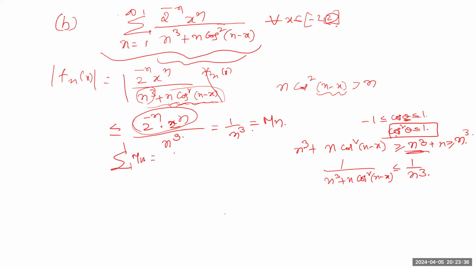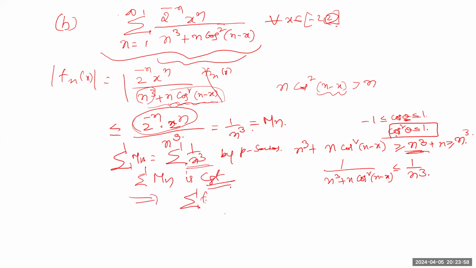The sum of Mn is the summation of 1 over n, so again by the p-series the series Mn is convergent. If Mn is convergent, then the series of functions is uniformly convergent by the Weierstrass M test. That is the way of approach.